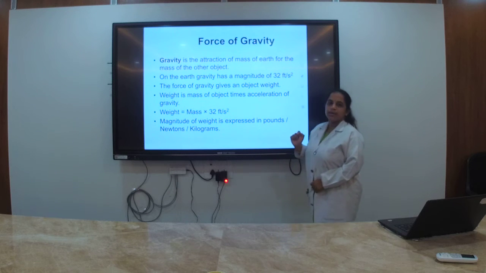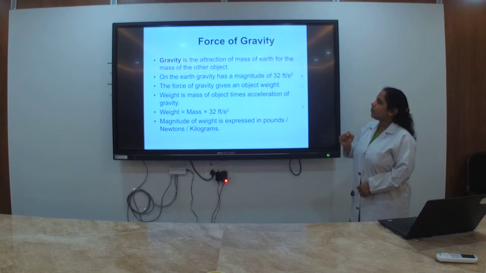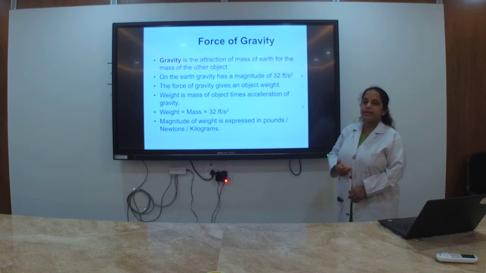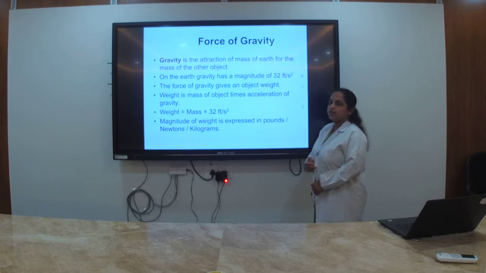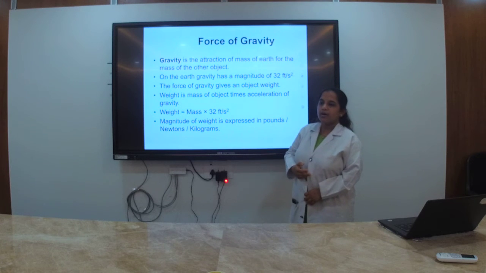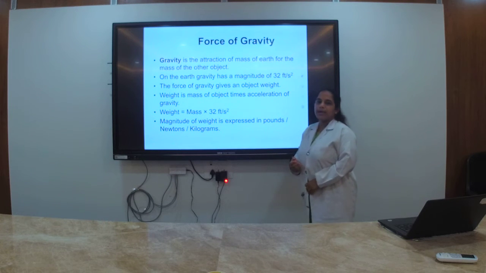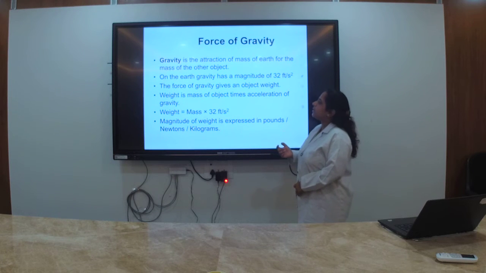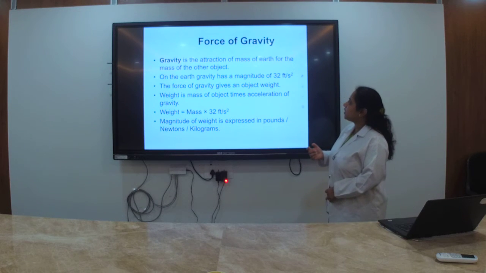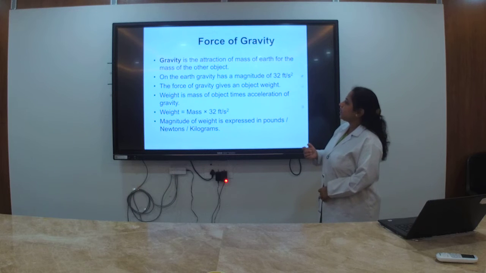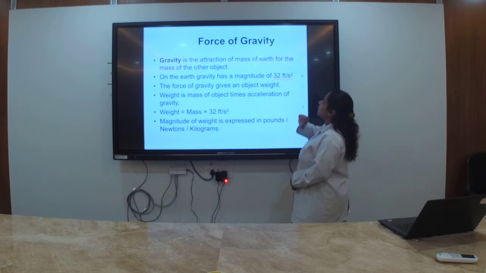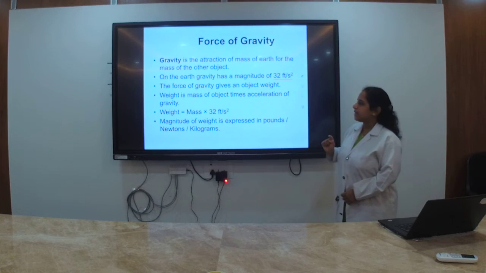Now coming to the next concept, that is force of gravity. As we all know, gravity is acting on every object on the earth, including non-living and living objects. So what is gravity? It is an attraction of the mass of the earth for the mass of the other object. On earth, gravity has a magnitude of 32 feet per second square.